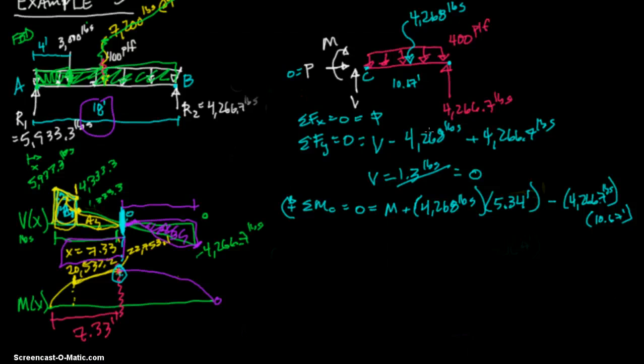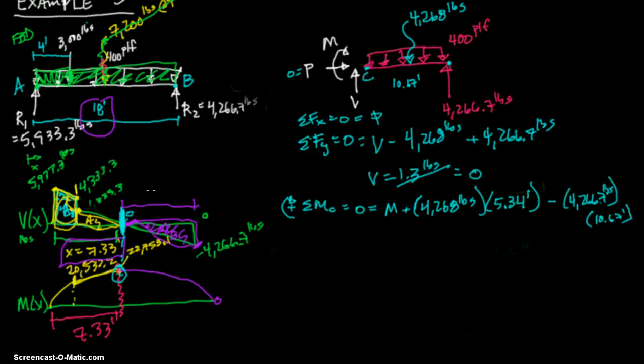And as you can see, this is actually going to be double, since this is twice this distance, and it's relatively the same force. Force times distance equals moment, so you have twice the distance, you're going to have twice the moment.